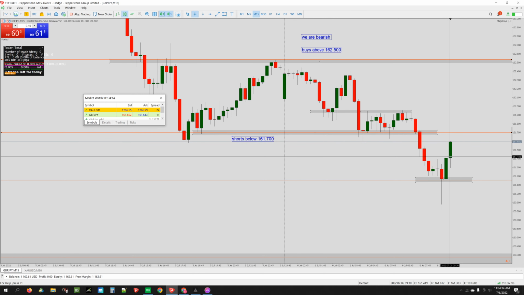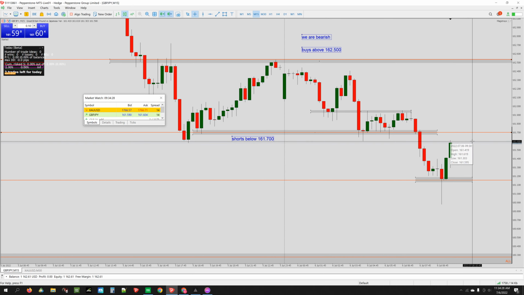The only reason I didn't execute at this point is because our zone was 23 pips away, else I would have executed. However, there is a high probability that in the next candle we may be able to execute a trade based on pattern 1.